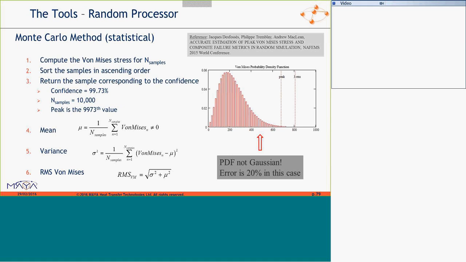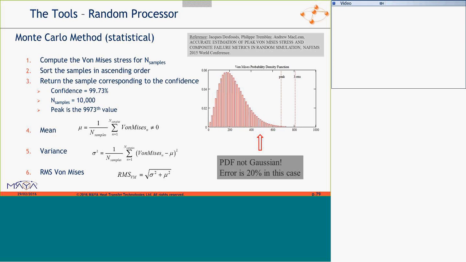Okay. So here are the methods. One, you can actually, if you want, use a Monte Carlo simulation for each result, each response. It's slow. I don't recommend doing that, but anyways, you can. So what we do is we generate n samples and we sort them in ascending order.